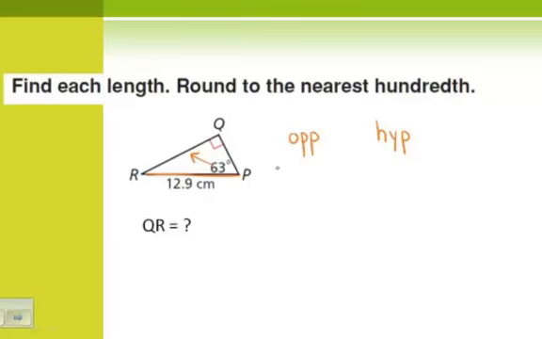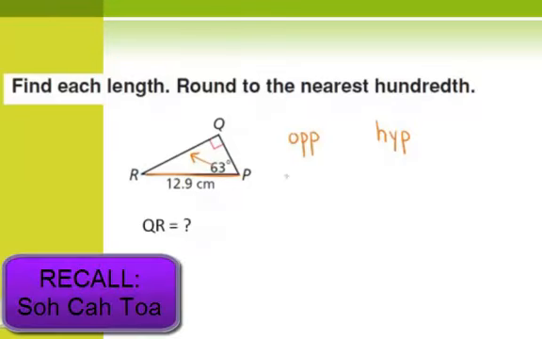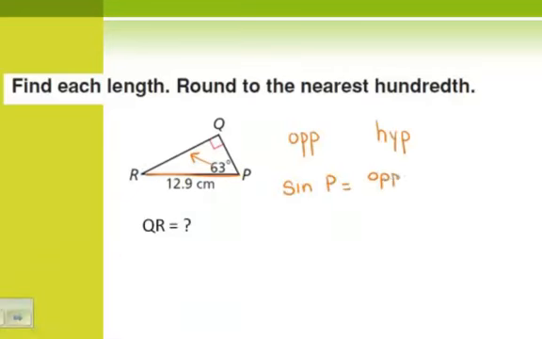So what trig function associates the opposite with the hypotenuse? And that would be sine. So the sine of angle P is the opposite over the hypotenuse. That would be the sine of 63 degrees. The opposite of 63 degrees is what we don't know. That's QR. And the hypotenuse is 12.9.